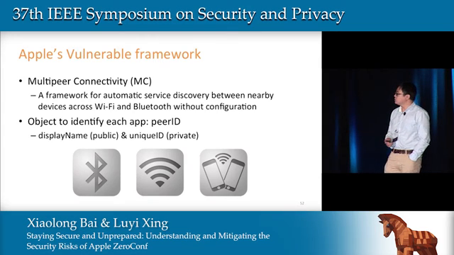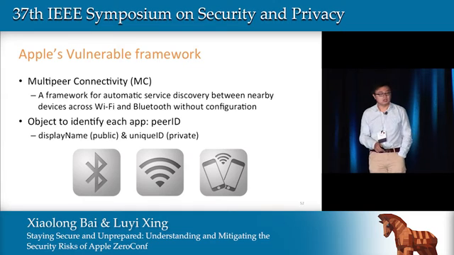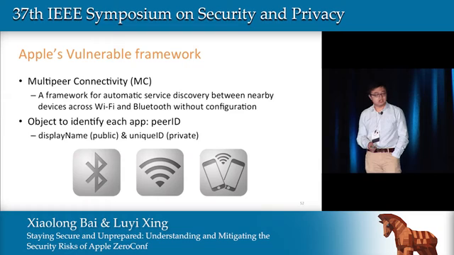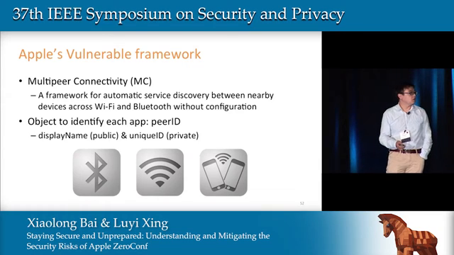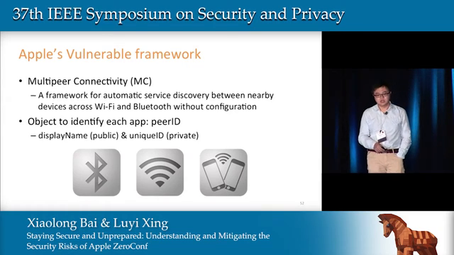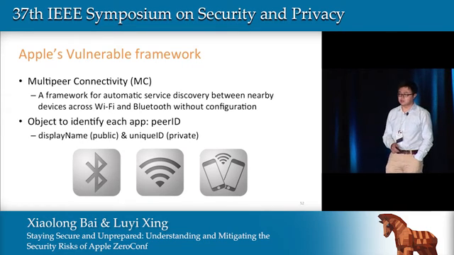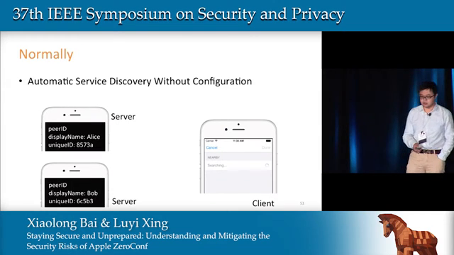Here, MC uses an object called peer ID to identify each app using this framework. Peer ID has a few properties. For example, a public property called display name, which is customized by users, and a private property called unique ID, which is generated by MC and transparent to developers.